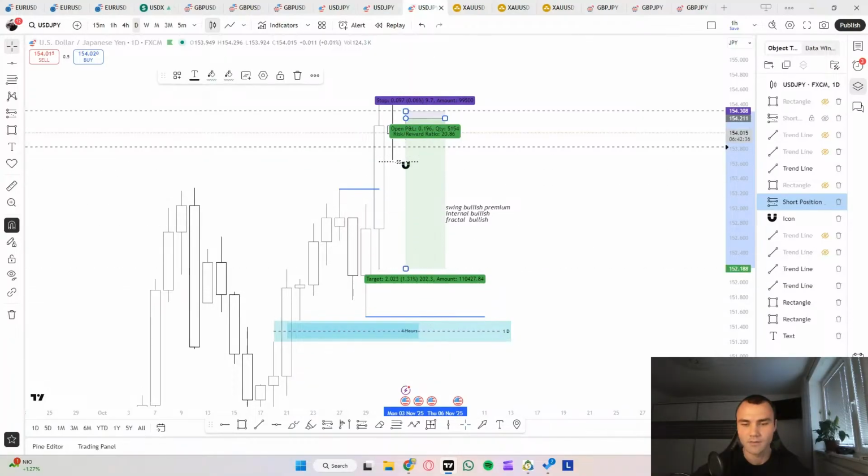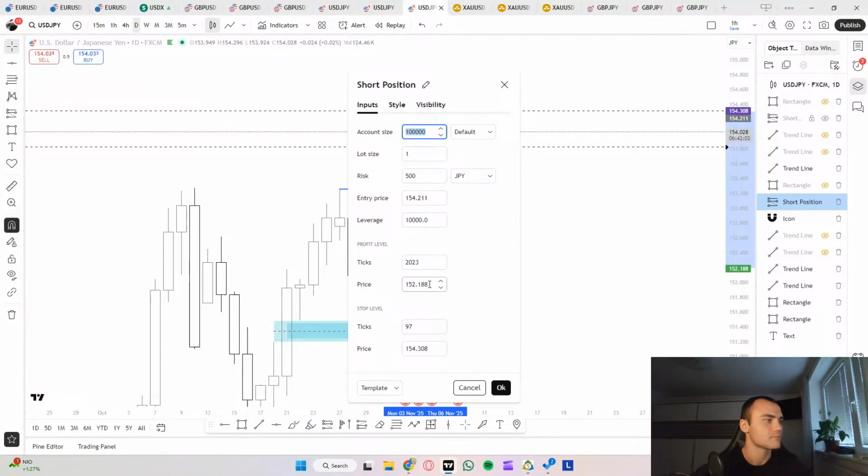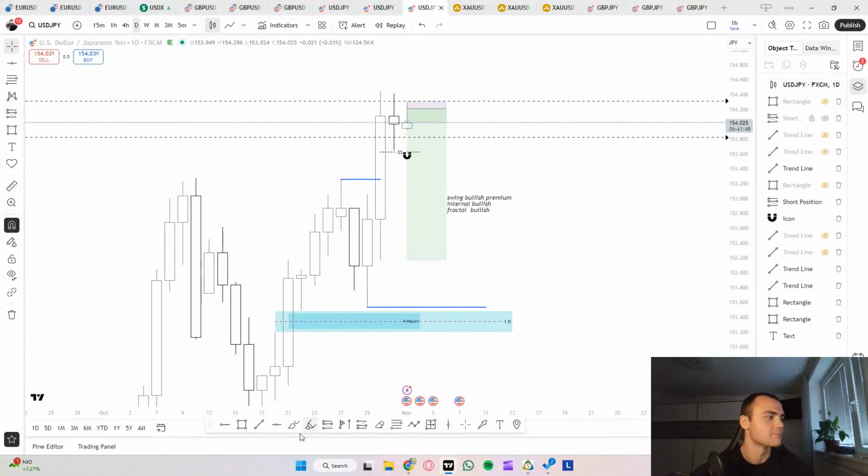The target is, let me see, 152, 171. This is my target, basically this liquidity below here.